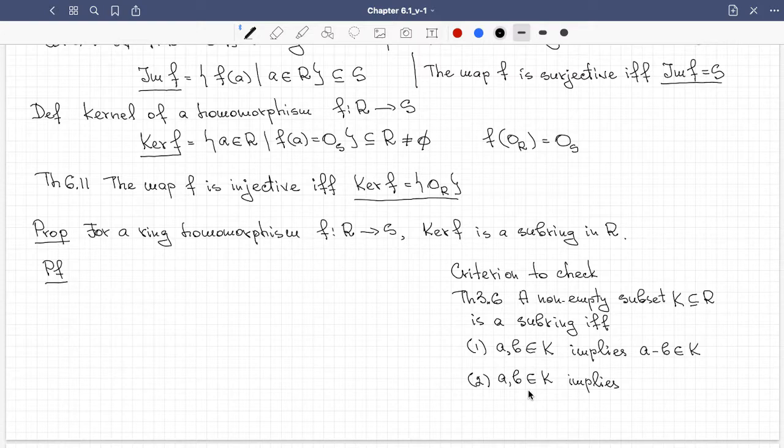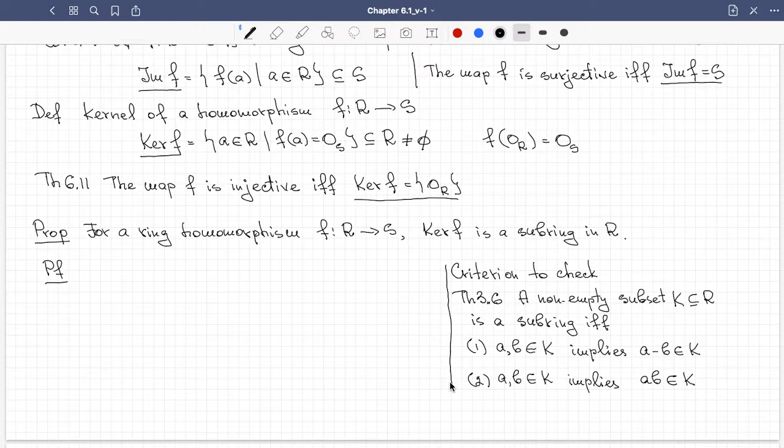So A and B belong to K implies AB also is an element of K. This is a criterion to check that a subset is a subring.